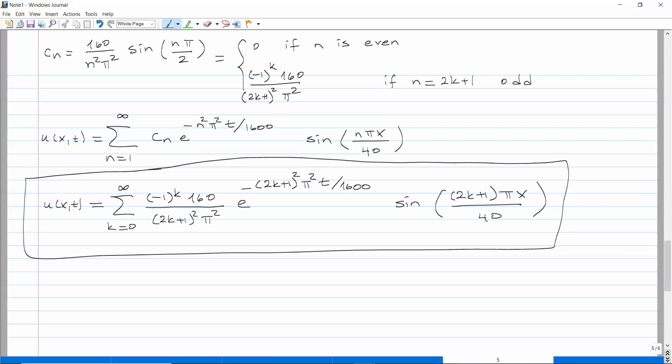One thing I want to point out here, for any problem of this type, so for this heat conduction problem, I mean the problem with 0 boundary conditions, where on the boundaries the temperature is kept at 0.